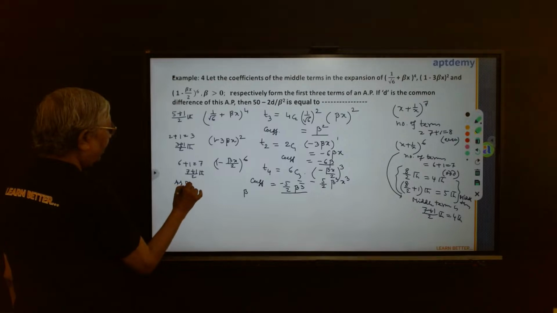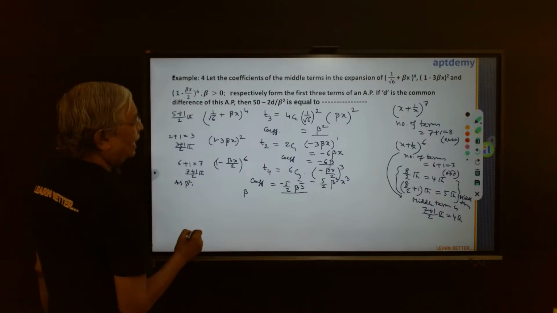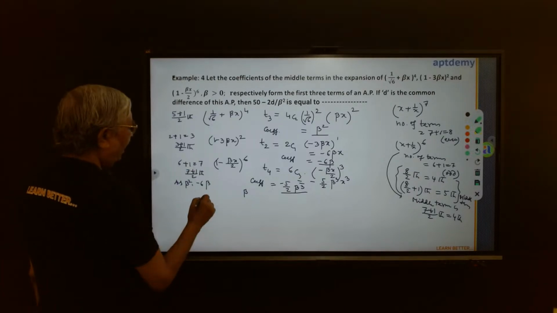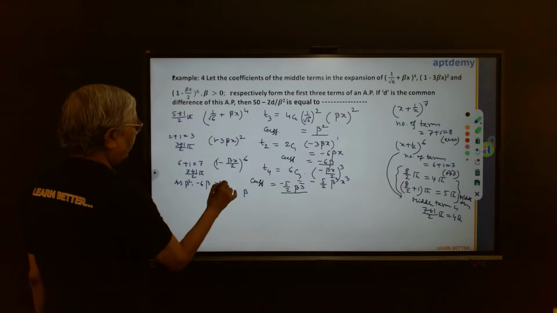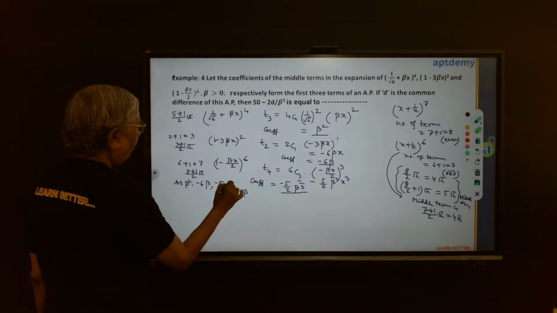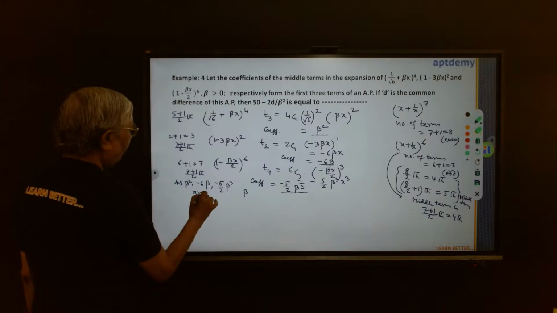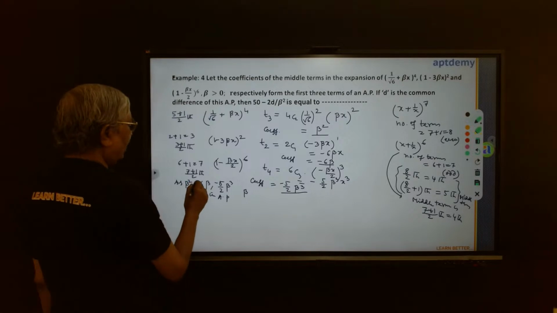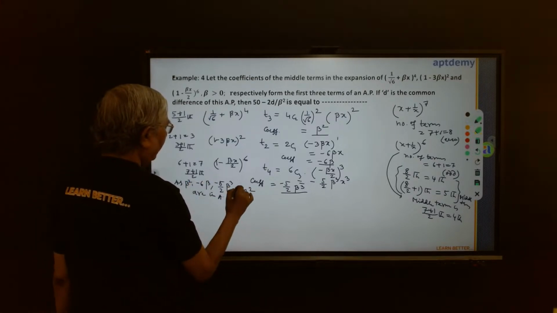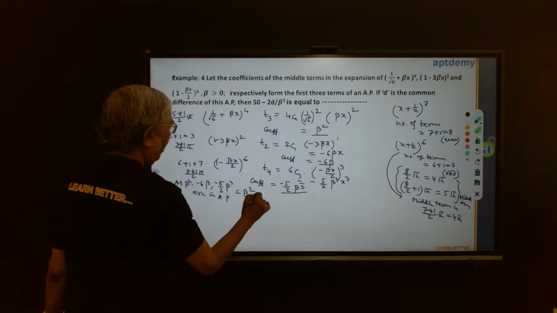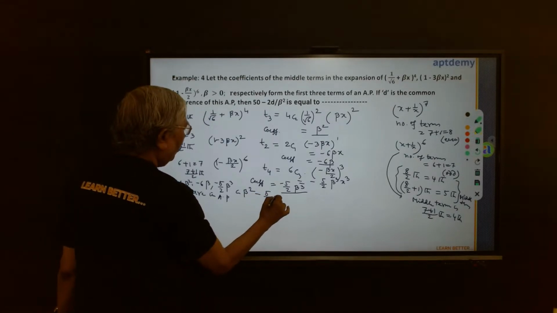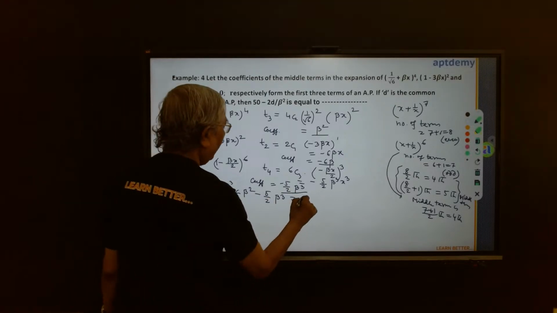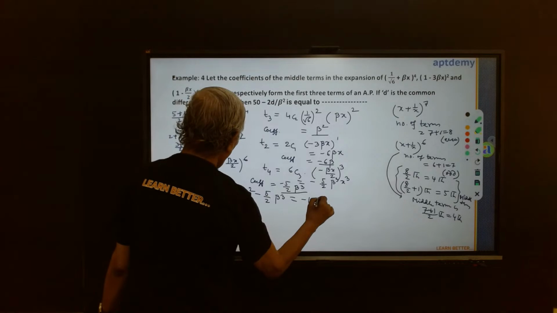As beta squared, minus 6 beta and minus 5 by 2 beta cube are in AP, we can write A plus C, that means beta squared plus minus 5 by 2 into beta cube, equal to 2B, that means minus 12 beta.